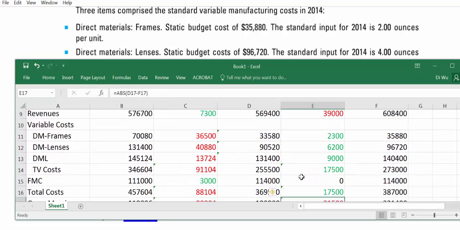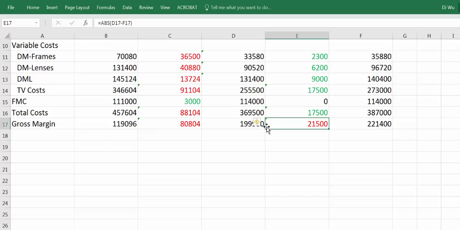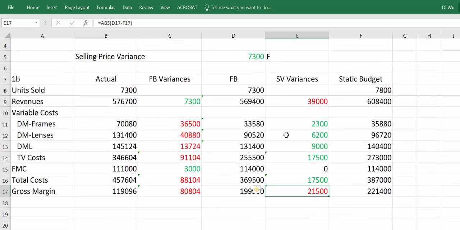You can review this table a little bit. Let me highlight something here. Although you have a lot of favorable variances in cost control, variable cost and total cost, the unfavorable revenue variance is too big, so it dominates the final result. Finally, you still get an unfavorable gross margin variance. That's basically what we have here.